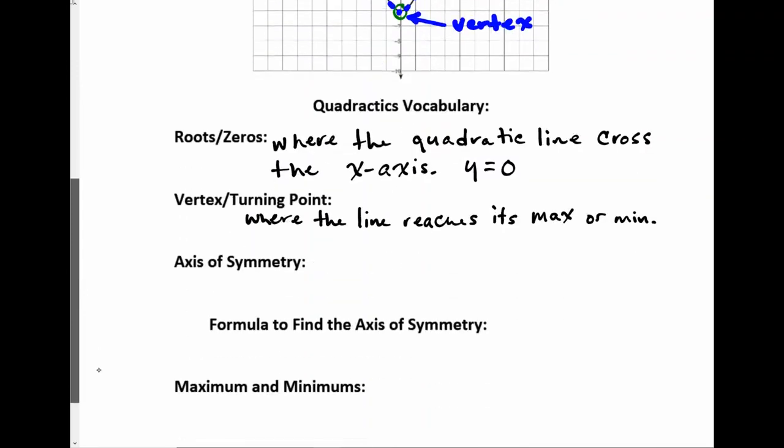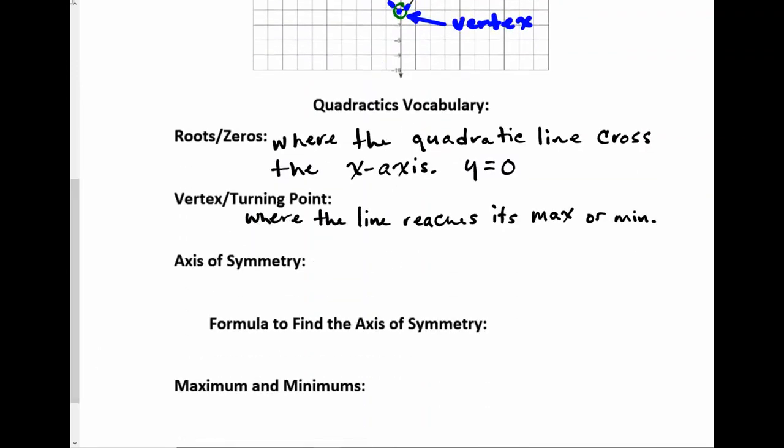Okay. The axis of symmetry. Just to review, the word symmetry should be a word that you're familiar with. But just as a quick review, a line of symmetry is a line that cuts a shape or an object in half such that you can fold the object in half and get two equal parts. In this case, we're talking about a line that cuts the parabola in half so that you could fold it over on itself and it would give you two equal parts.